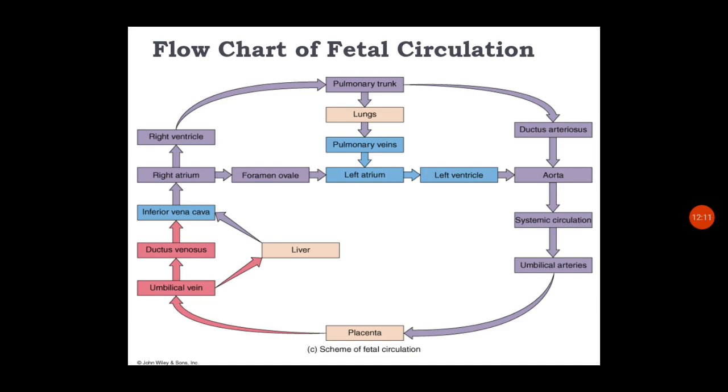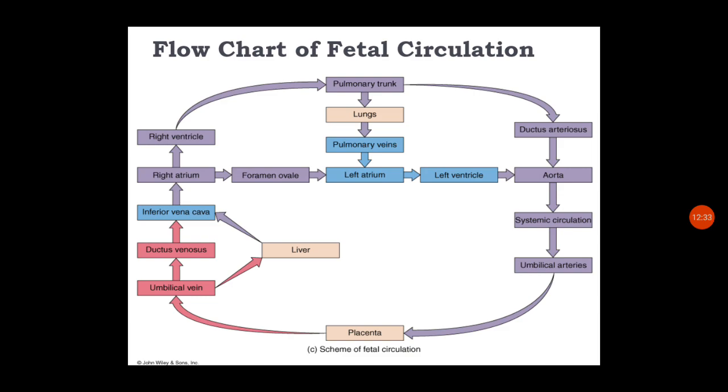So the entire circulation in the fetus is with mixed blood except the liver, because the umbilical vein gives a branch to the liver that will be giving pure blood. The only organ getting pure blood in fetal circulation is the liver.